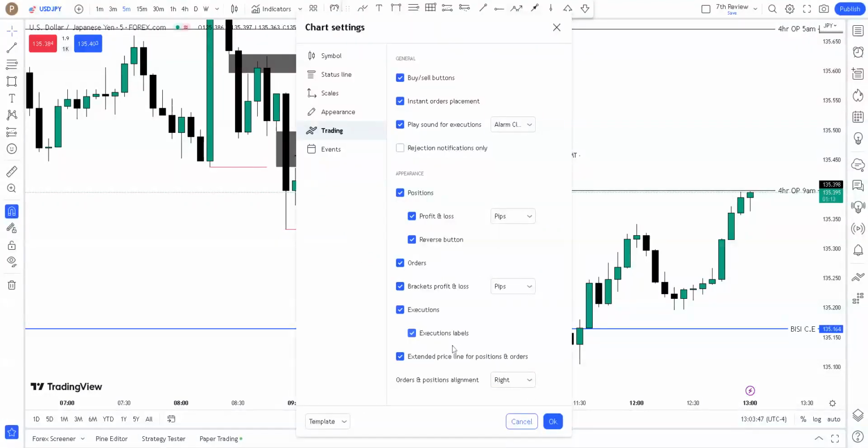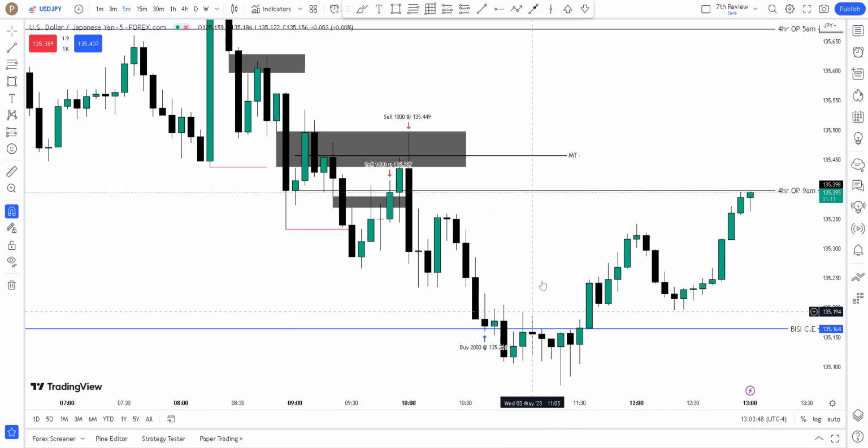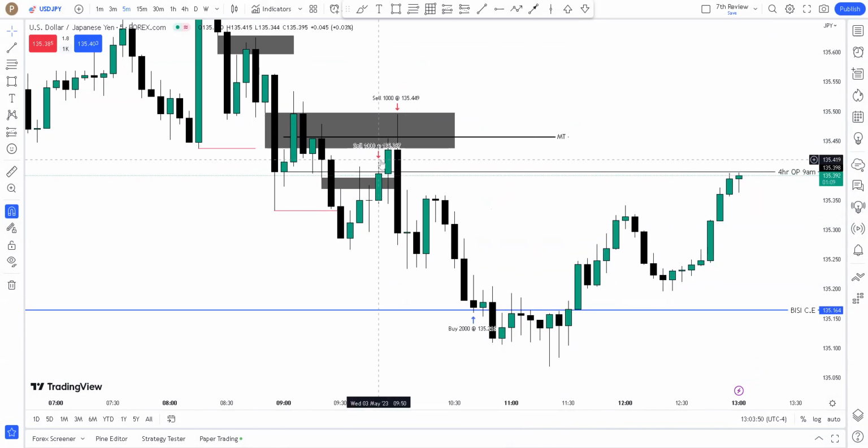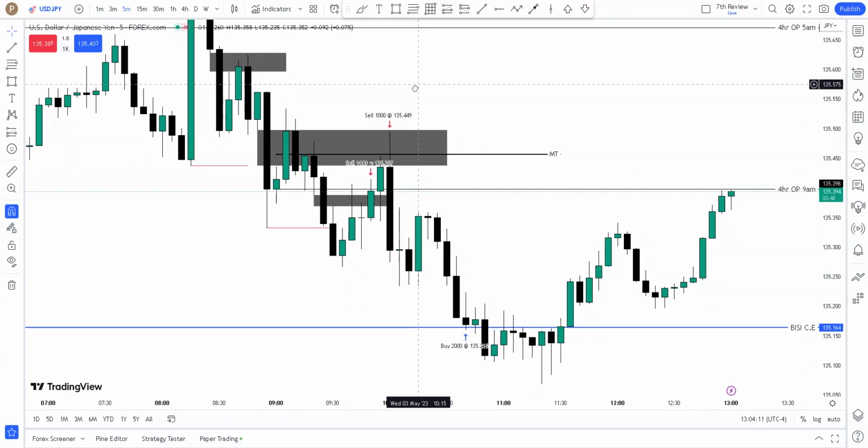Yeah, let me just bring that back on. So I sold here and I sold there, another contract, and then I took it all the way to the consequent encroachment, and I literally got out on this candle. I got out on this candle because the moment we trade into it, I didn't know what was going to happen, but as long as my draw on liquidity has been tagged, I was content with it.